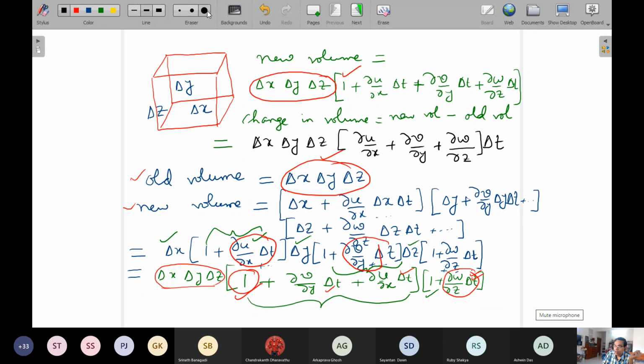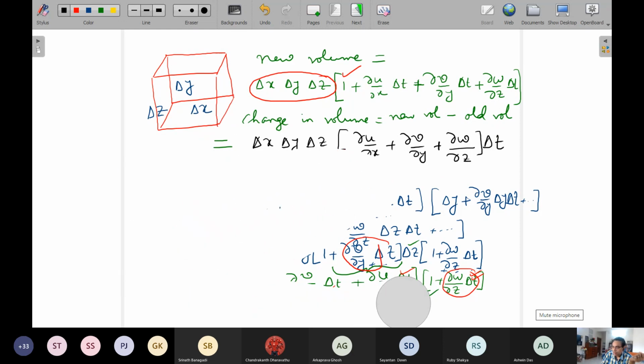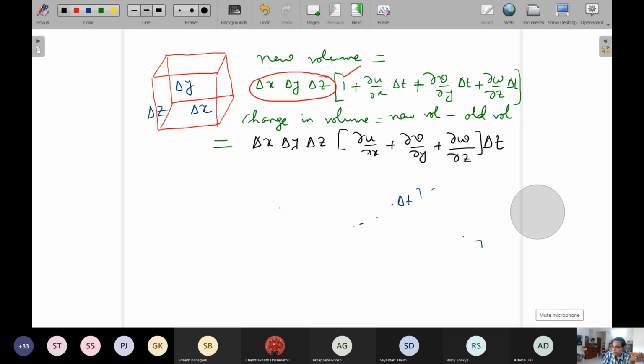So the objective of the calculation that I have told you is quite clear: you have to calculate the change in volume.